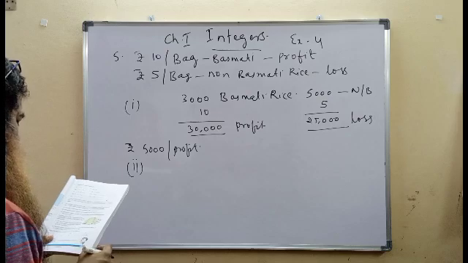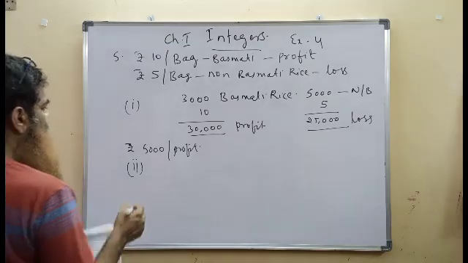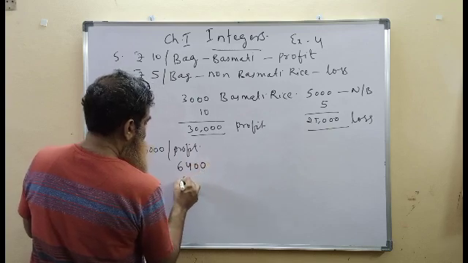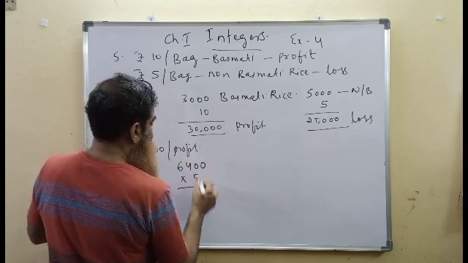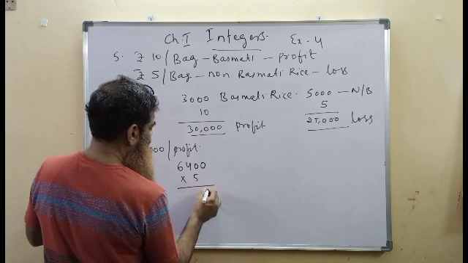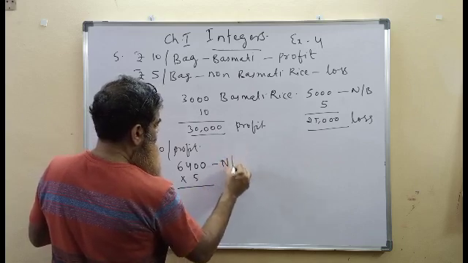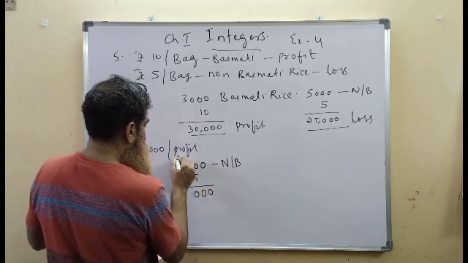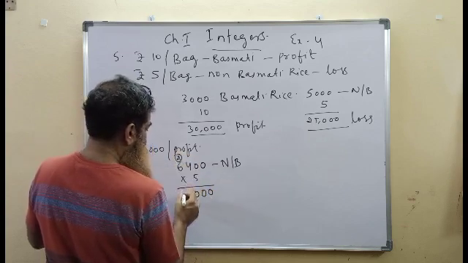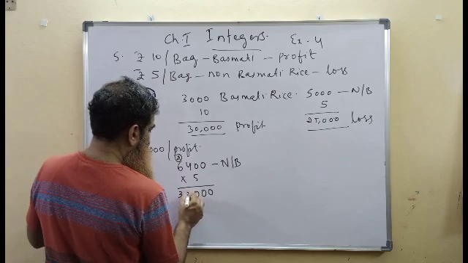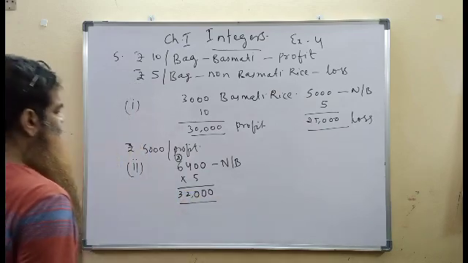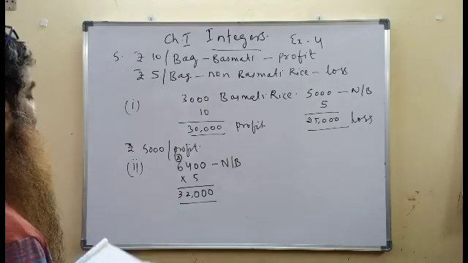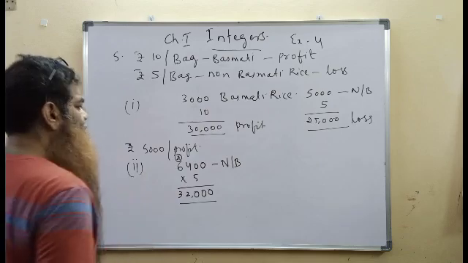If the number of non-basmati rice bags sold is 6,400, the loss will be 500, 5 4s are 20, 5 6s are 30, 31, 32. 32,000 loss he has incurred by selling 6,400 bags of non-basmati rice at a loss of 5 rupees on each bag.